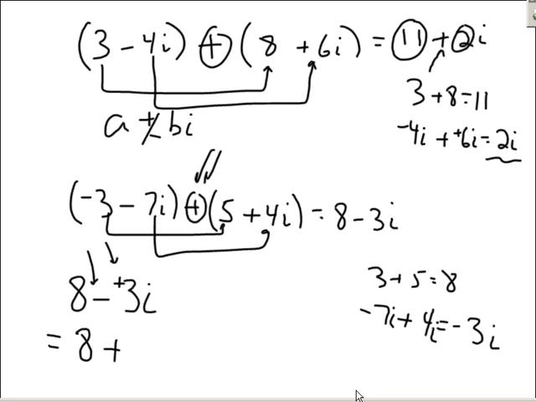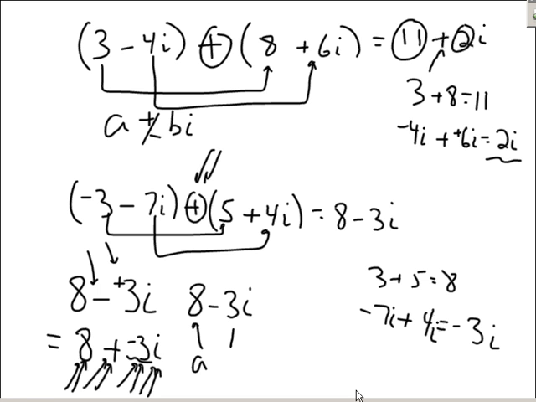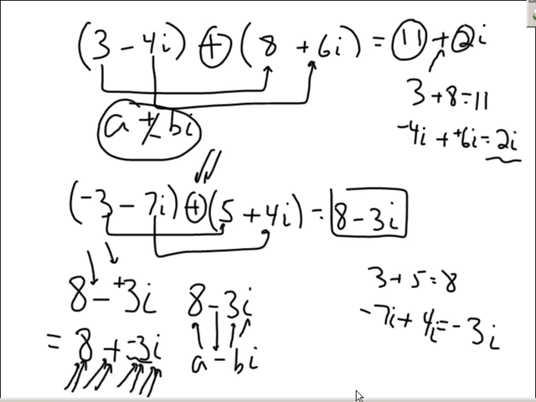Because you want a plus in the middle. 8 plus negative 3i is in the form a plus bi. 8 minus 3i is not. That might be a, that might be b, and that might be i, but that's a minus. So when they say a plus bi form, that means a plus bi or a minus bi. So in the end, there's the answer.